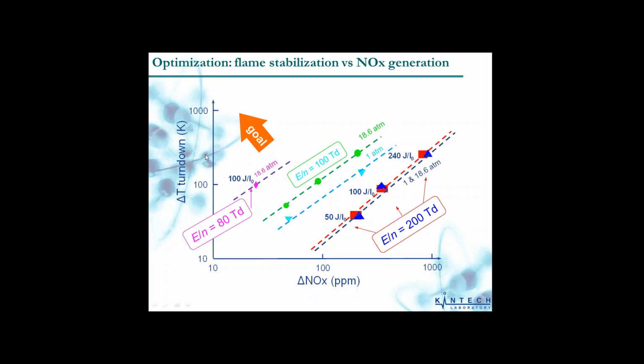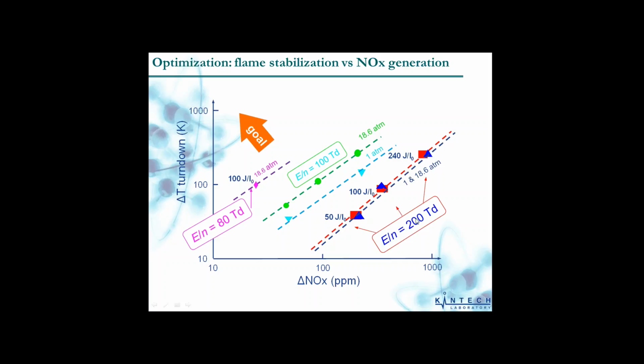The higher this value, the leaner the condition we may provide. Here you see the experimental point and the simulation result for the condition of 200,000, also for different energy inputs, 50, 100, and 240 joules per liter, at different pressures. The situation is rather bad because for practically all conditions the additional production of NOx is huge.